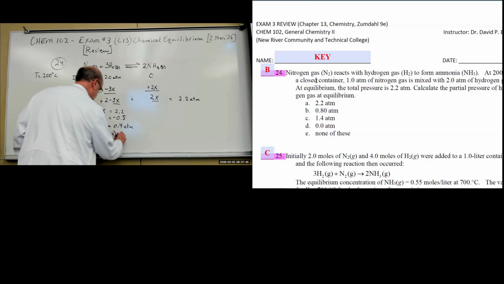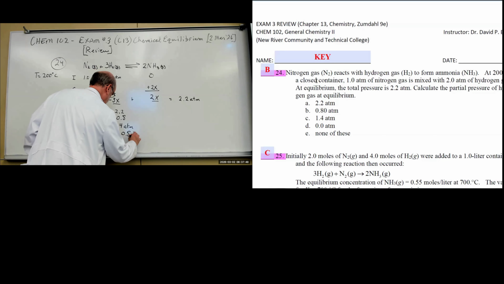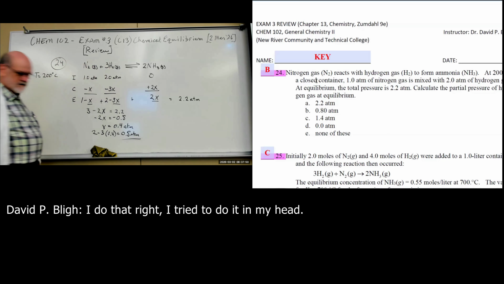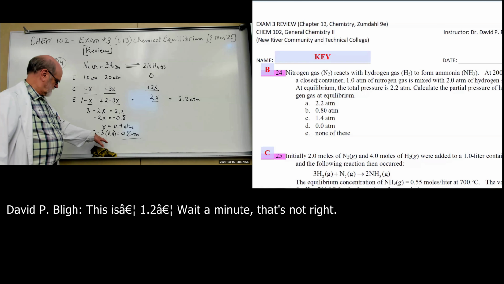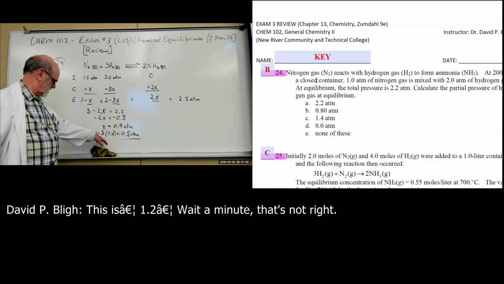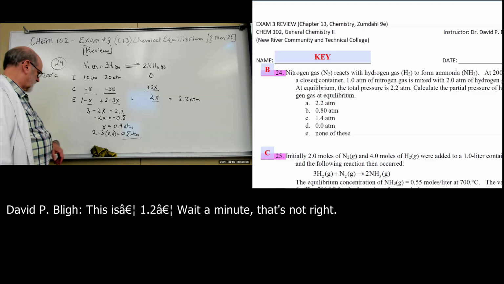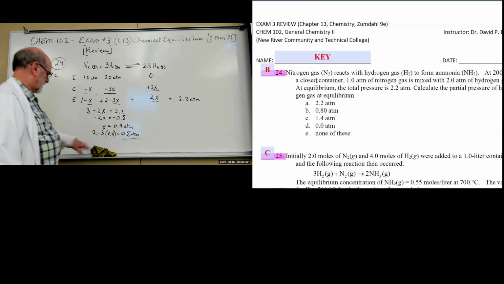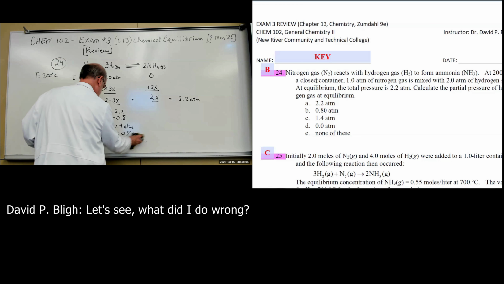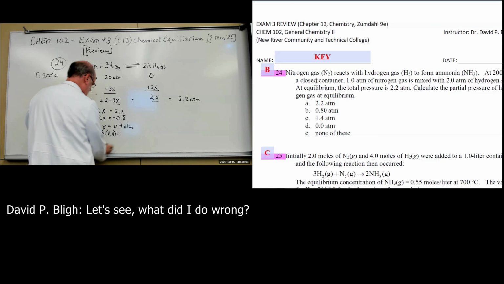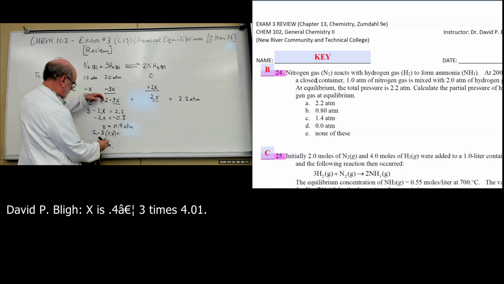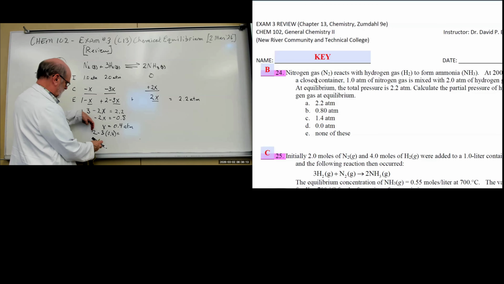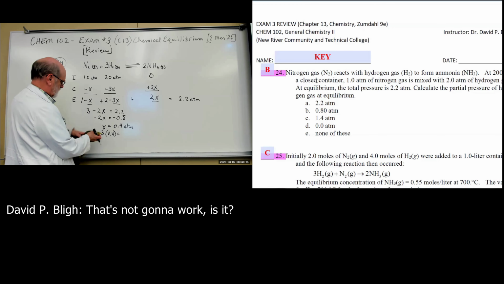0.8? Did I do that right? I tried to do it in my head. This is 1.2. Wait a minute, that's not right. Let's see, what did I do wrong? X is 0.4. It's 3X.